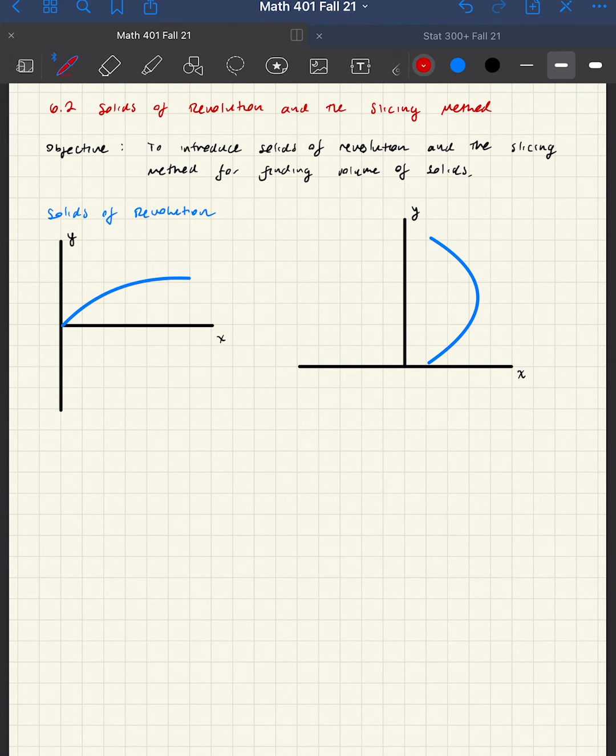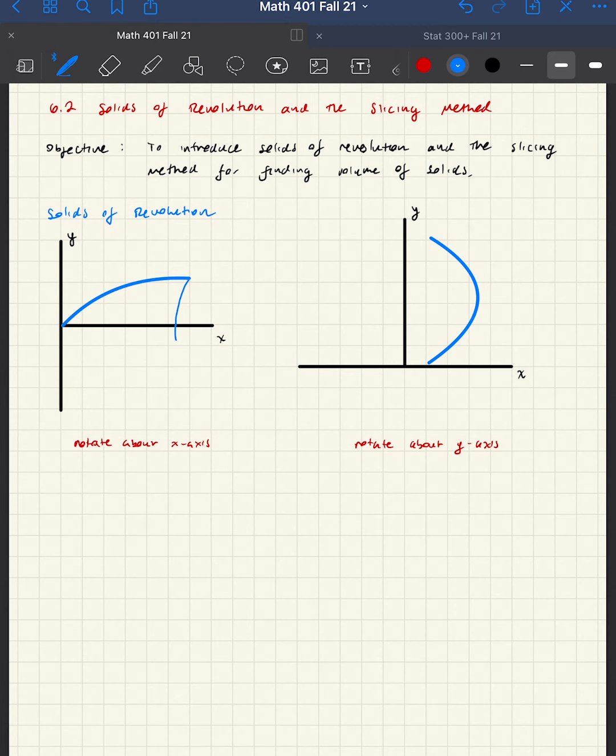I have one where we're going to rotate about the x-axis, and another one where we're going to rotate about the y-axis. So regardless of where we're rotating, the idea is the same: that we imagine a solid being traced out by taking this curve and sweeping it out a full 360 degrees, or 2 pi, about this axis.